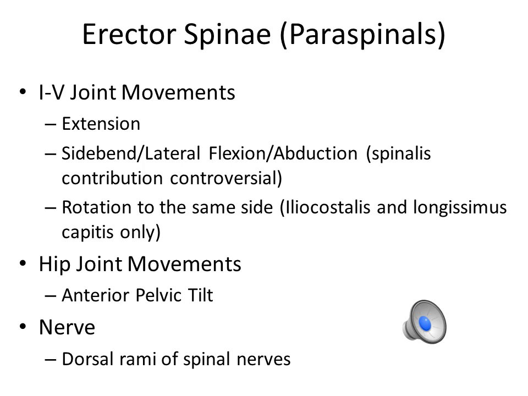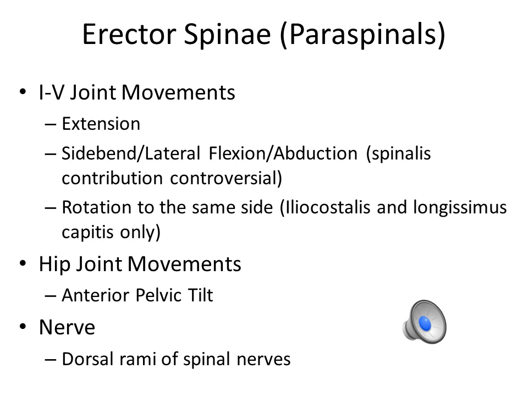The movements that occur at the intervertebral joints are extension and side bending, also known as lateral flexion or abduction. All of the erector spinae muscles do side bending, but there is some controversy whether spinalis has much of a contribution to side bending.